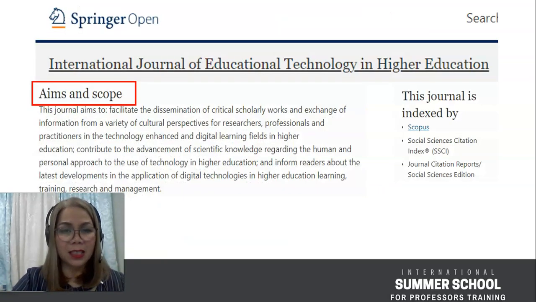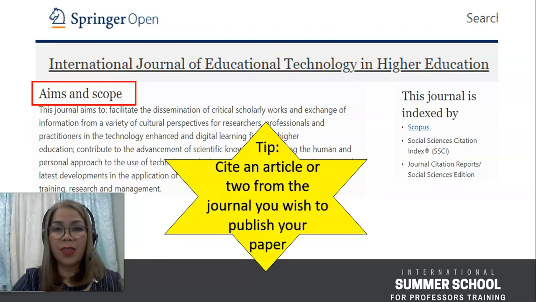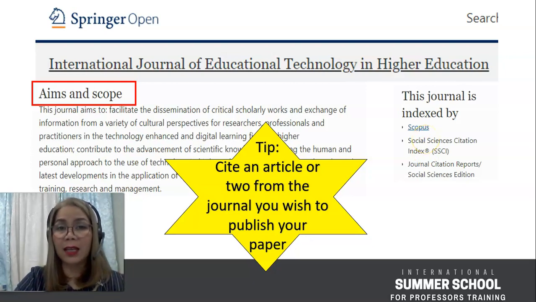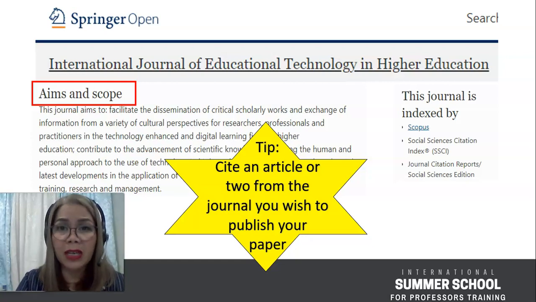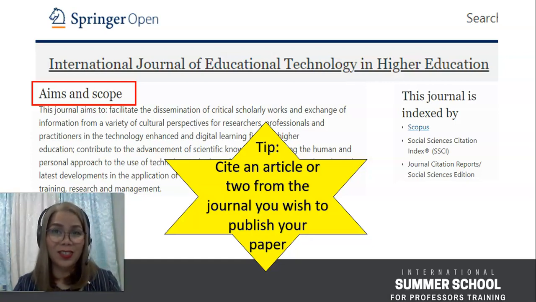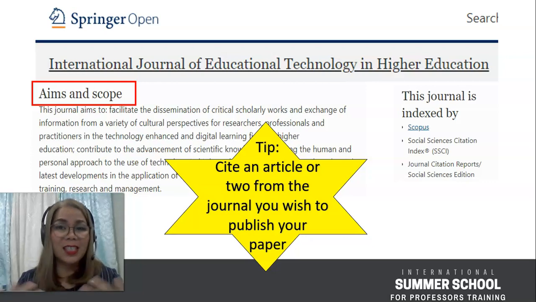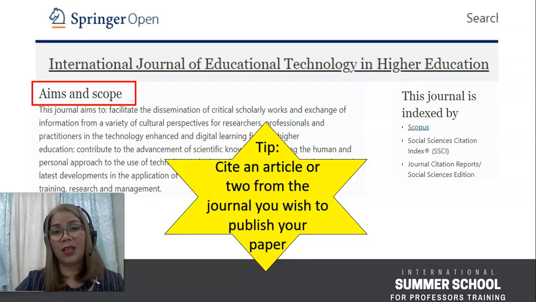And it is very important that when you want to publish in a particular journal, we cite an article or two that they have published. Because in the first place, what is your business doing in this journal if you are not even reading their publications? It's just common sense to cite a paper or two from this journal.